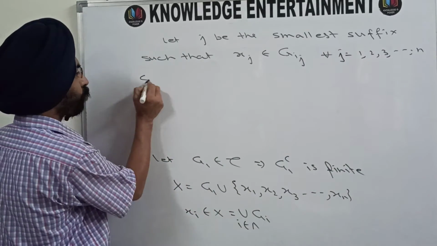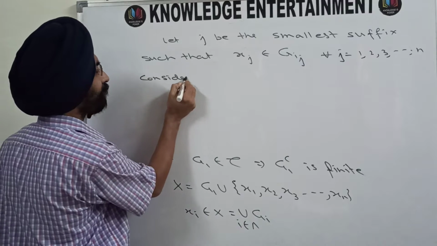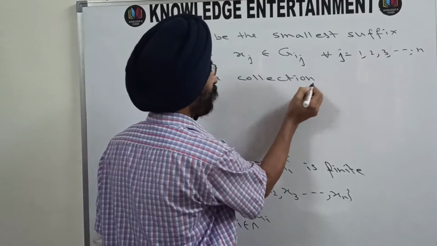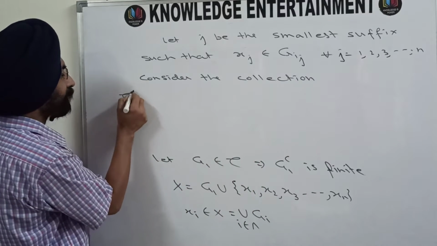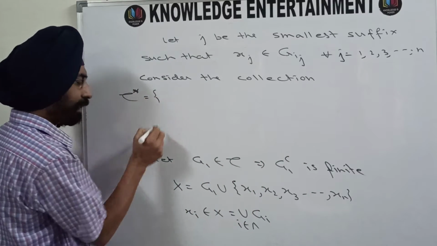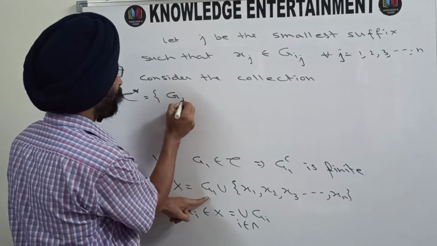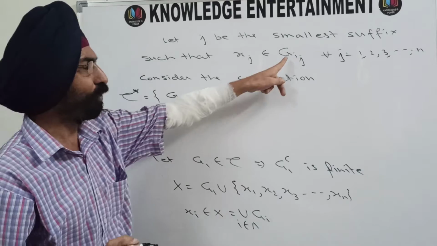Consider this collection now. I'm naming it C star, and here I'm using one set G1 and the rest of the sets I'm taking from here.